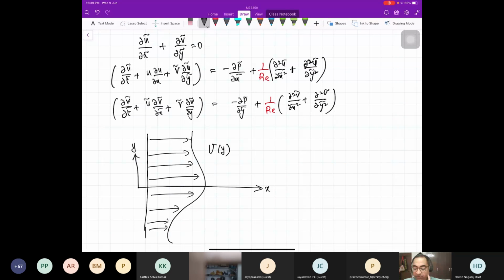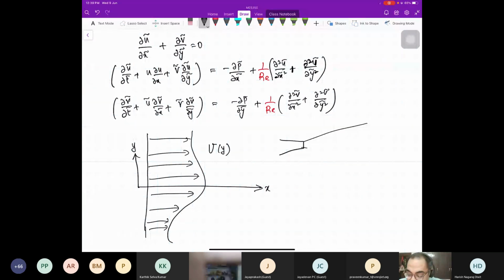Now I can think of various examples. For example, if it is a jet, what is a jet ultimately? It's a region where fluid is coming out at very high speeds, correct? So if it is a jet coming out of a nozzle like this, the velocity profile will look like this.